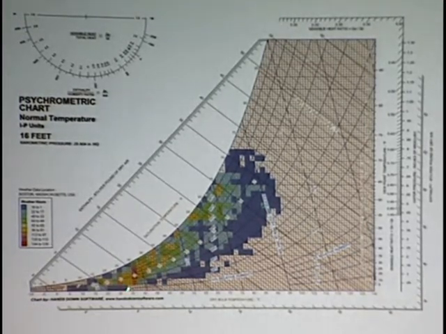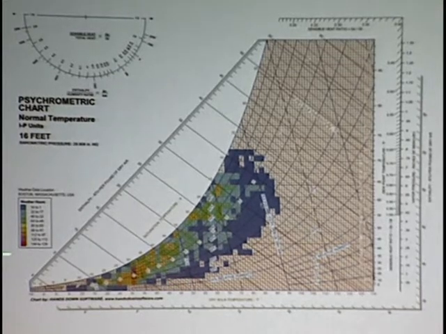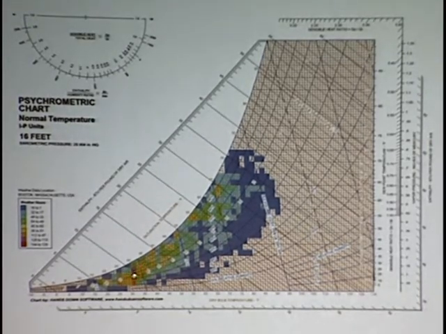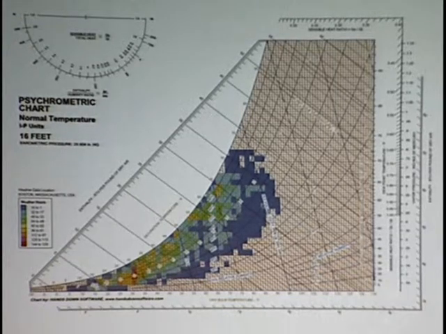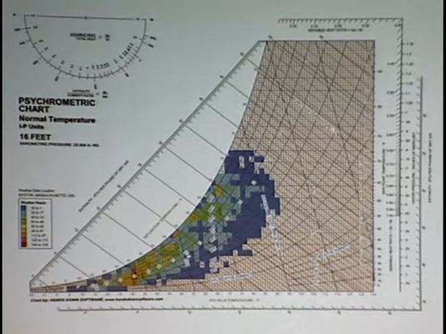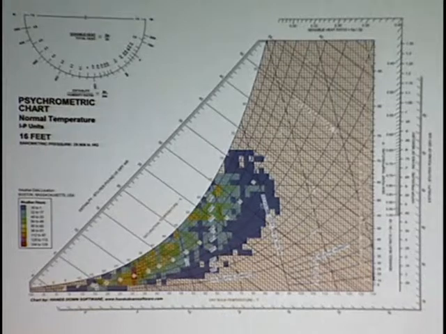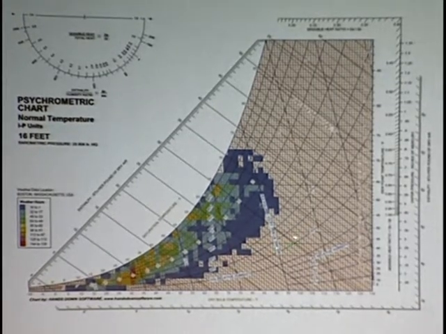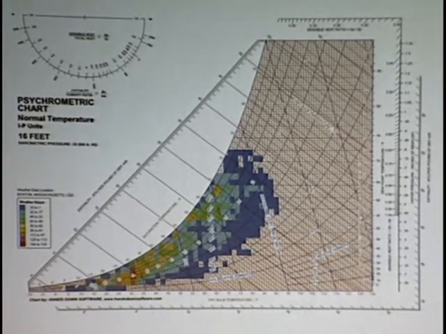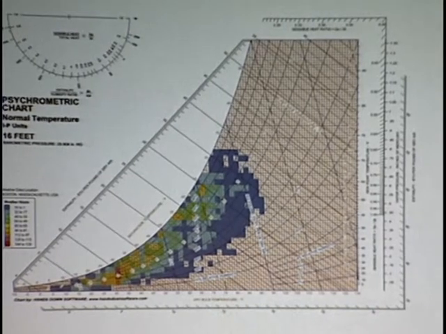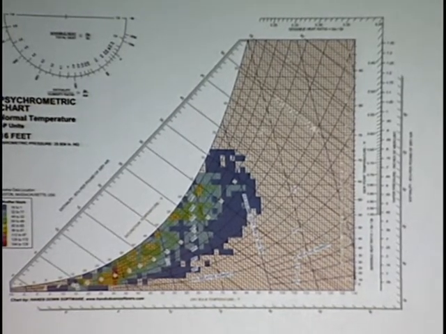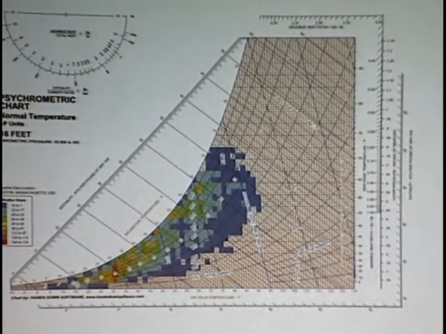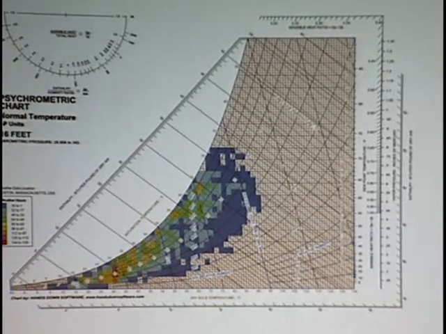If you look at Boston, you see the most hours are down here, in these red boxes, in the 30s, and the relative humidity ranges from roughly down here, I think this is the 30% right here, and up to 100%. So you can see that's what you'd expect for Boston.